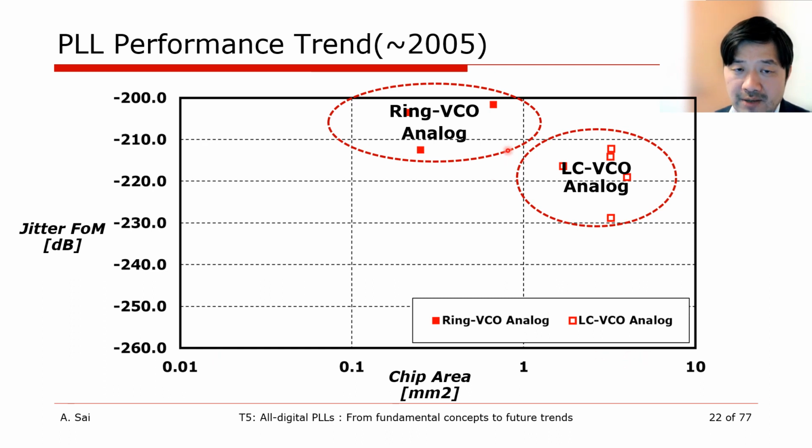To the lower left is a superior PLL that achieves low jitter with less power and chip area. PLL using type 1 and type 2 ring VCO and LC tank VCO explained so far is plotted around here. There is a clear trade-off trend between the jitter and area using ring and LC.